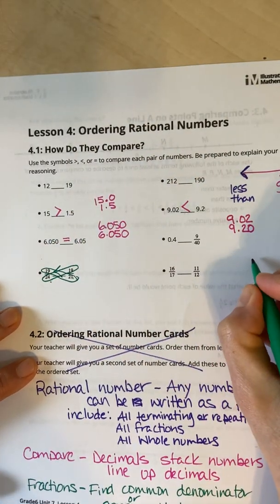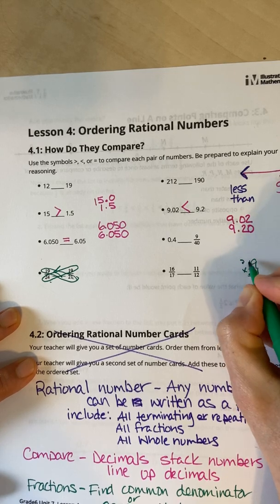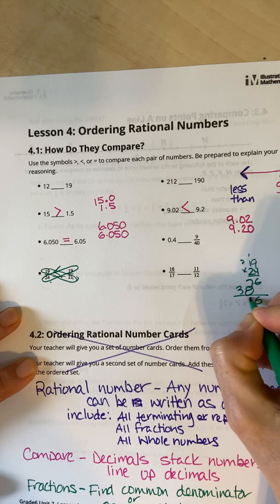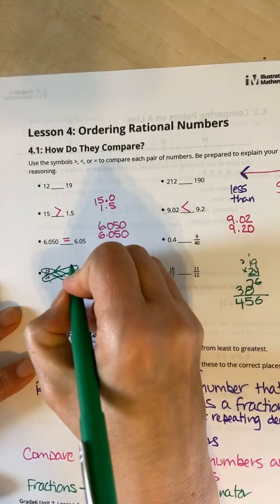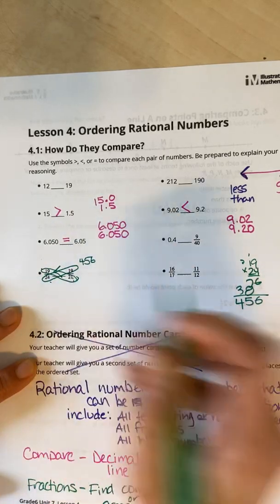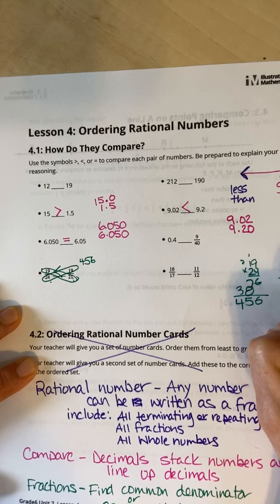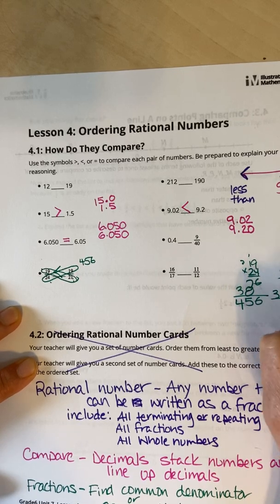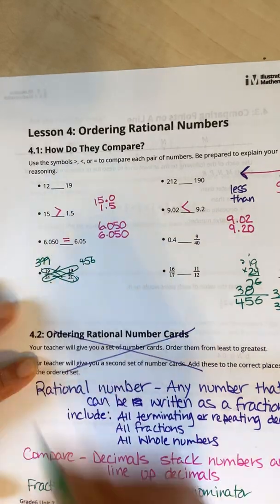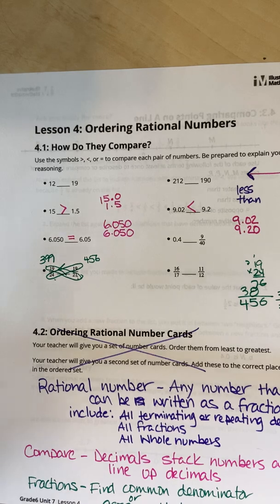Let's do it over here. 19 times 24 is 456. If I did 19 times 21, you always put it up by the numerator, this is 399. 399 is less than 456, okay?